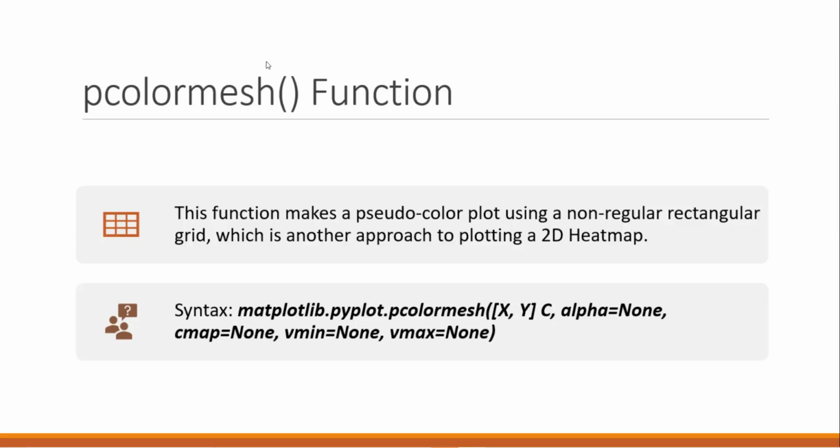It takes value as a string or color map and it is a color map instance or a registered color map name. The next one is vmin. It takes value as a float and it is the minimum range of the color bar, whereas vmax is the maximum range of the color bar and it also takes value as a float, and the alpha is used to set the transparency. So let's see an example to understand the concept of pcolormesh function also.